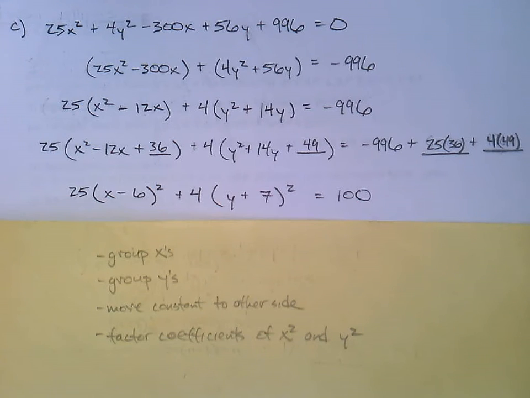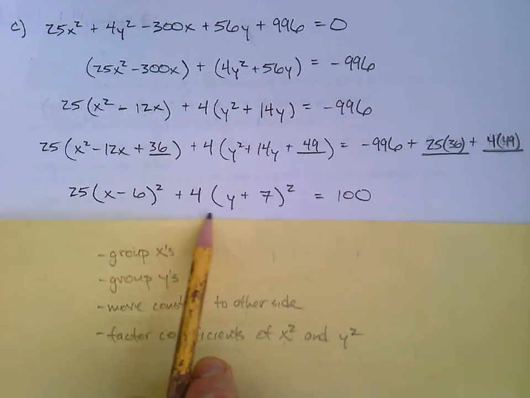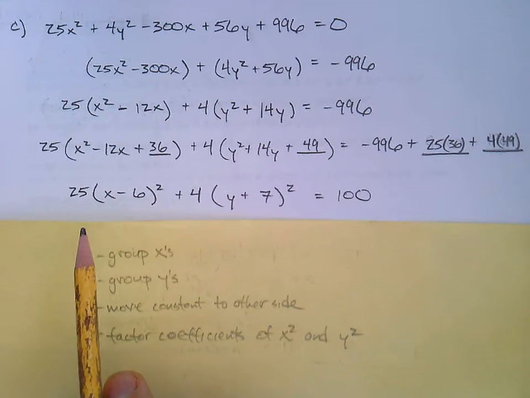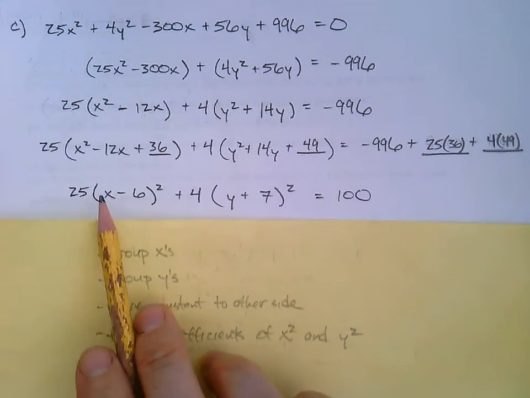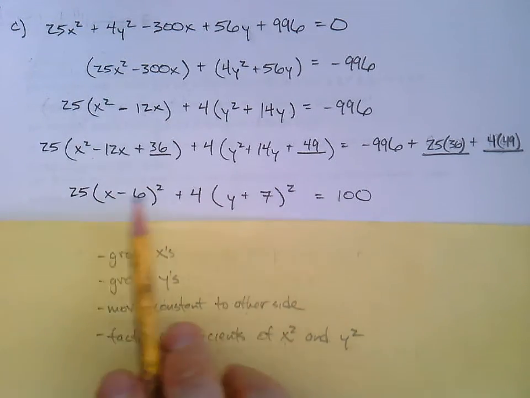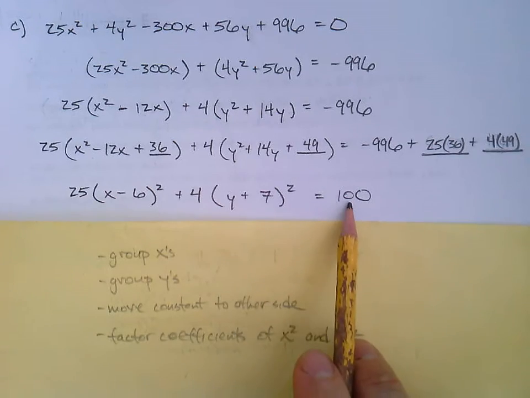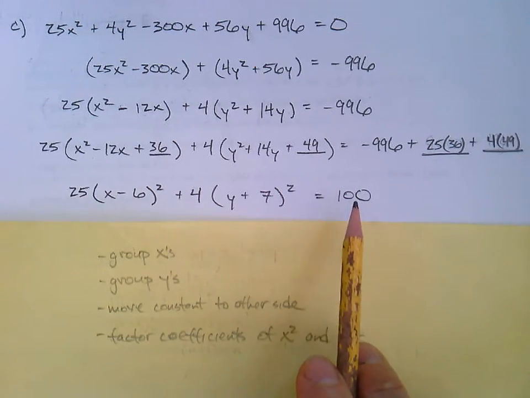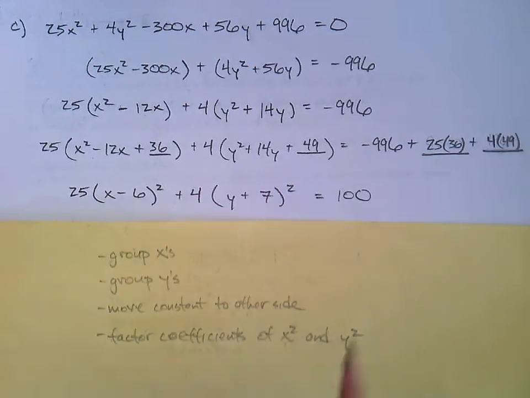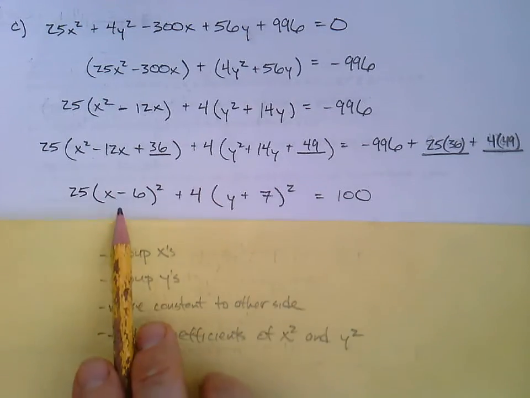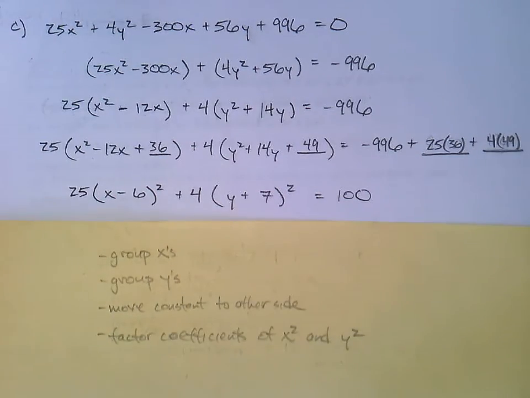Okay, we're almost there. It's a couple lines left. This looks very much like the way part B started. We've got this thing squared, these coefficients, and a 100. We need to make this a 1. So we're going to divide all three parts by 100.